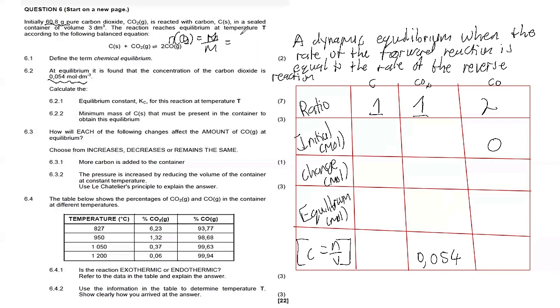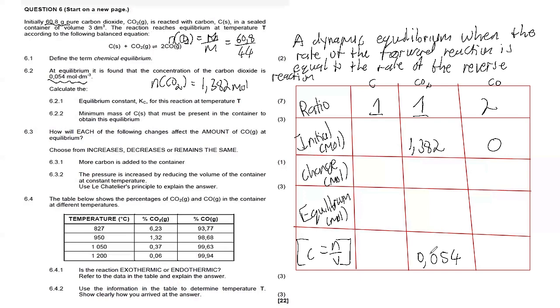The mass we are given is 60.8, and the molar mass for carbon dioxide is 44. When we punch that into our calculator, the number of moles of carbon dioxide initially is 1.382. I'm rounding off to 3 decimal places because even our concentration here is rounded to 3 decimal places. Now, to calculate the number of moles at equilibrium, I already have the volume, 3 dm cube.